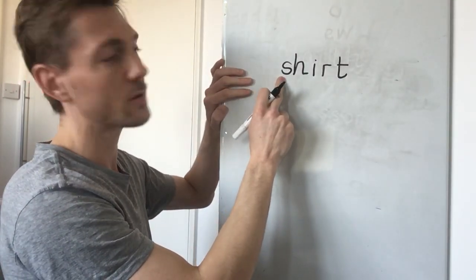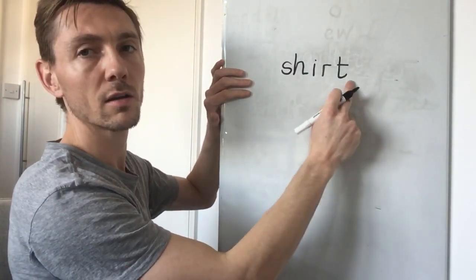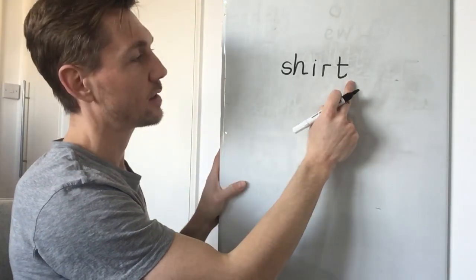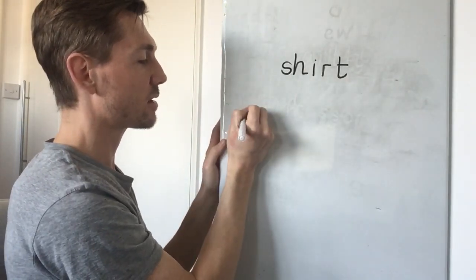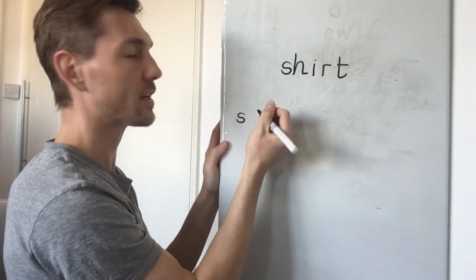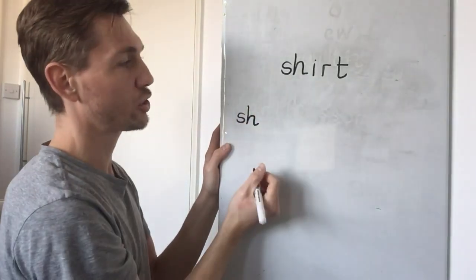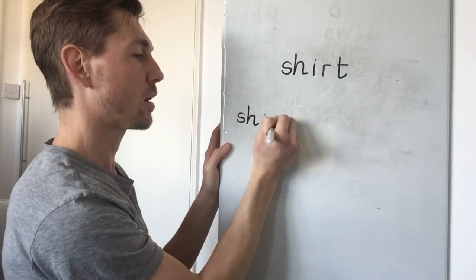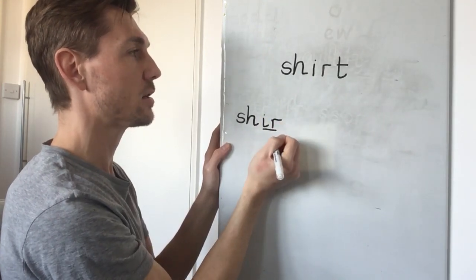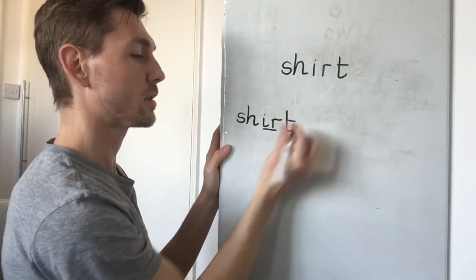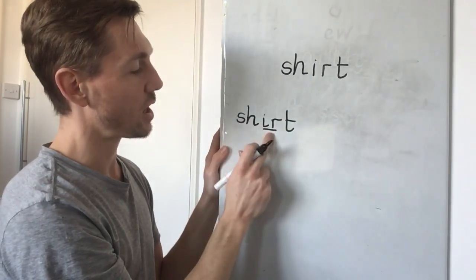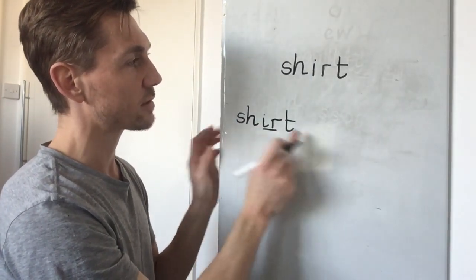One, two, three. Shirt. Again, we're going to write the word using its sounds and underline the spelling. Sh, ir, t. Shirt.